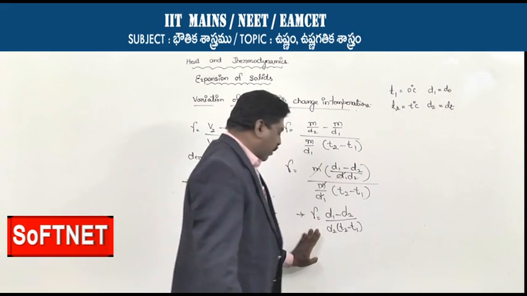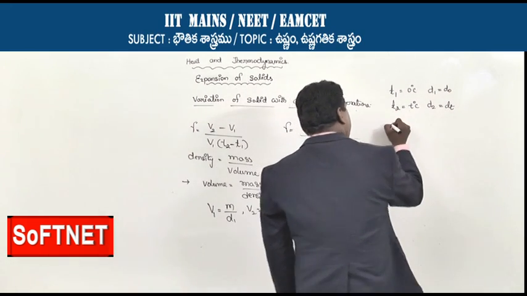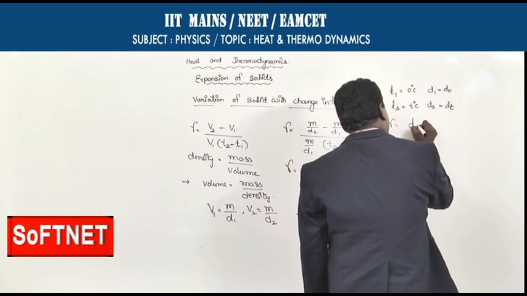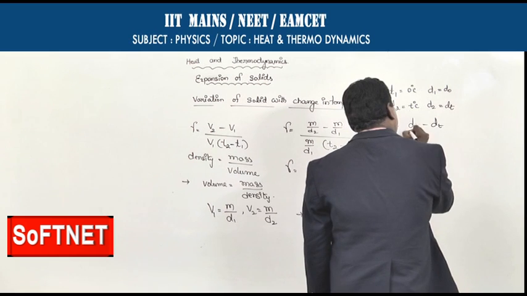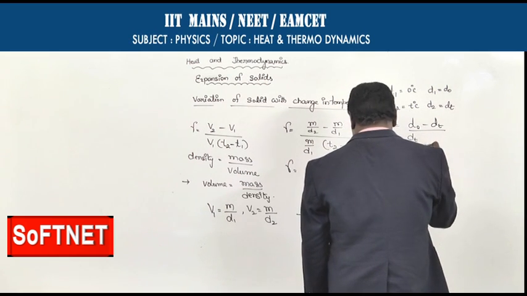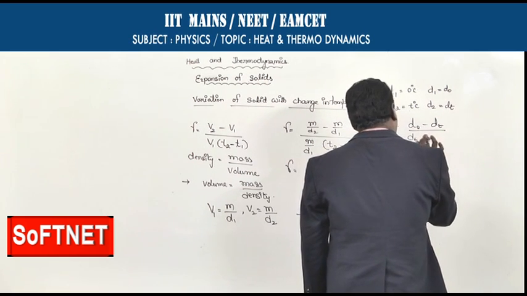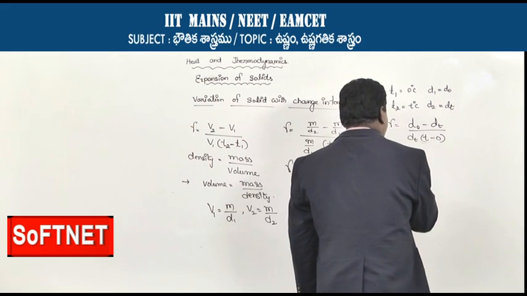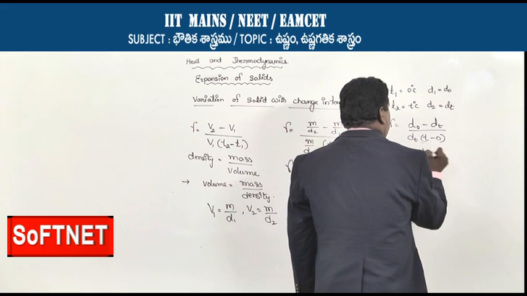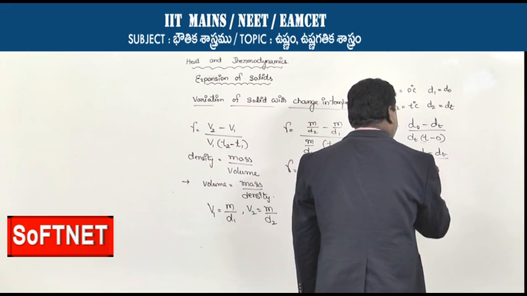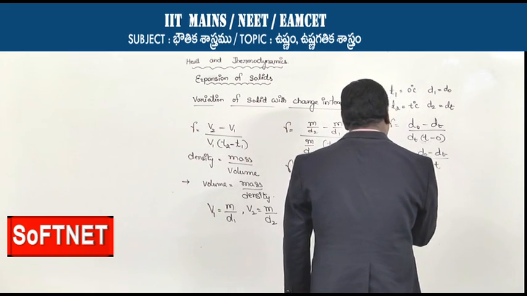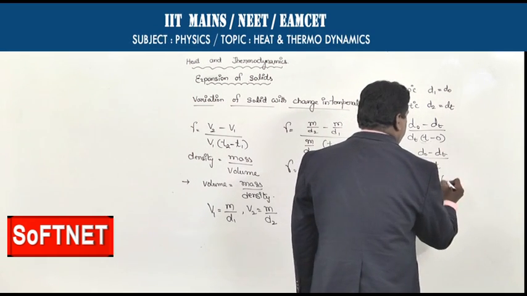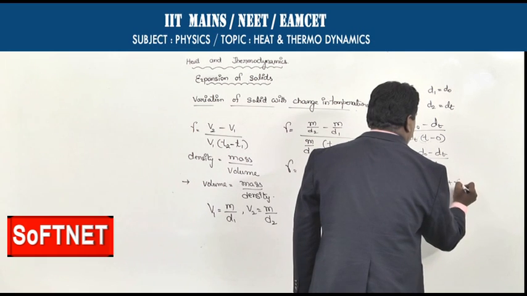On substituting those values in this formula, we are having gamma equals (d0 minus dt) by dt into (t minus 0), from which we are having gamma equals (d0 minus dt) by dt into t. So therefore d0 equals dt into (1 plus gamma t).